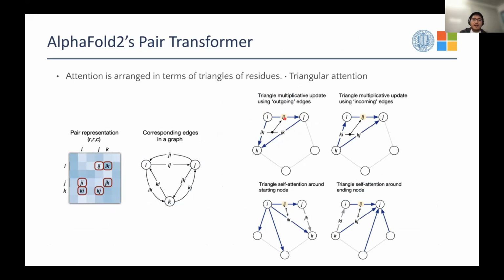In other words, we are trying to update ij with ik and jk for all other residues. So the outgoing edges are toward the ij entry, and incoming is just the reverse direction. We go back to the starting node and ending node when we analyze how the model is going to compute.